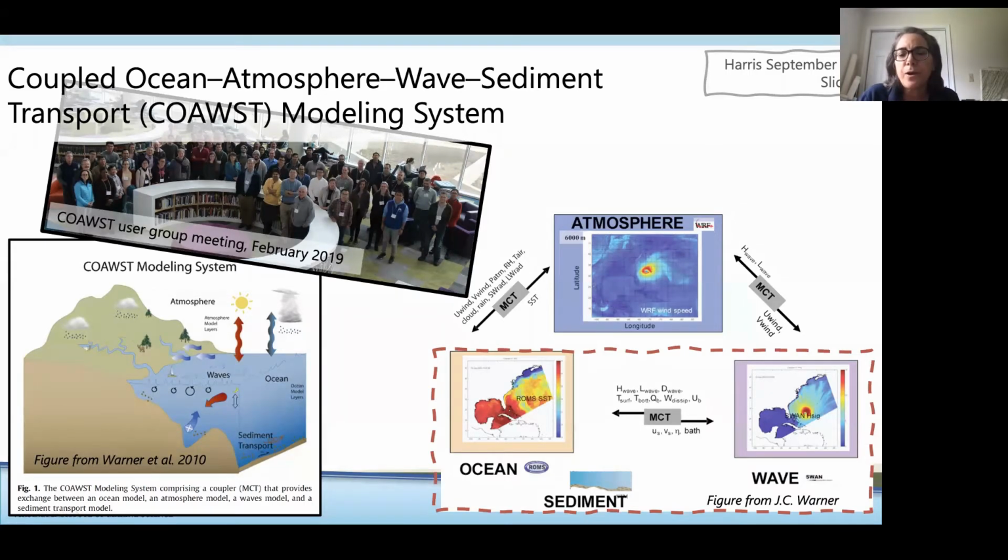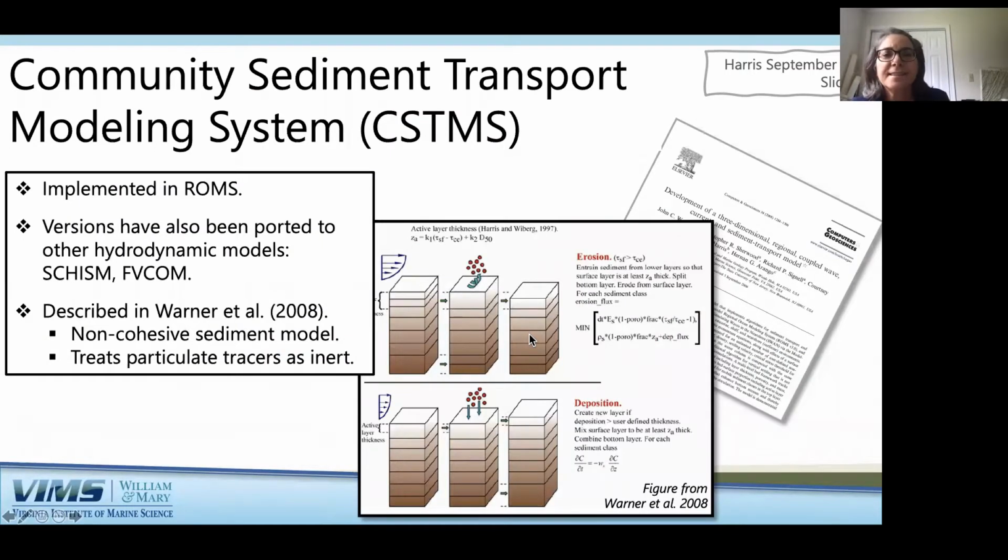So now I want to show you a little bit more about how the sediment transport model is developed. I call it the CSTMS sediment transport modeling system. When I use that phrase, I'm referring to a model that was published by John Warner in 2008.